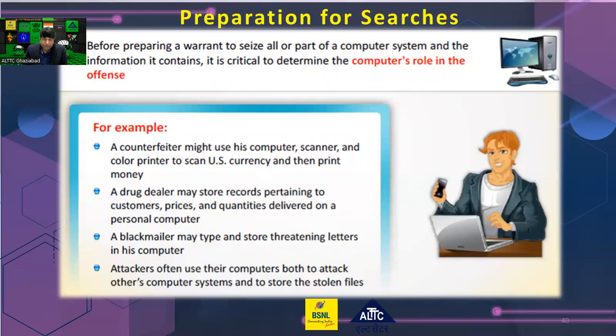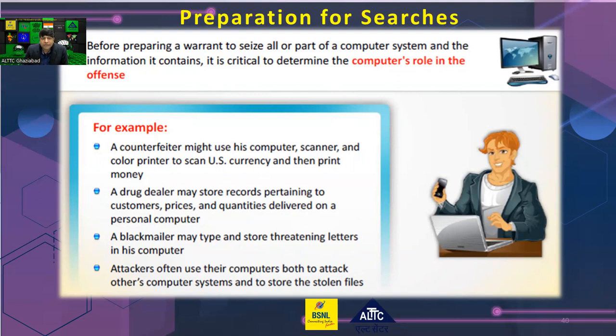Now, preparation for the search. Before preparation of a warrant to seize all or part of the computer system and the information it contains, it is critical to determine the computer's role in the offense. For example, a counterfeiter might use his computer, scanner, and color printer to scan US currency or other currencies and then print money.